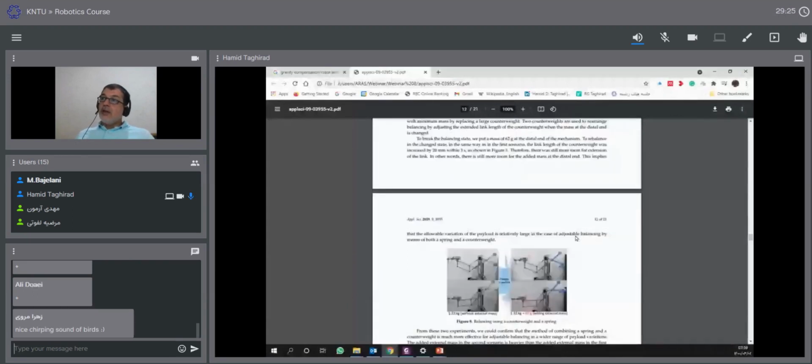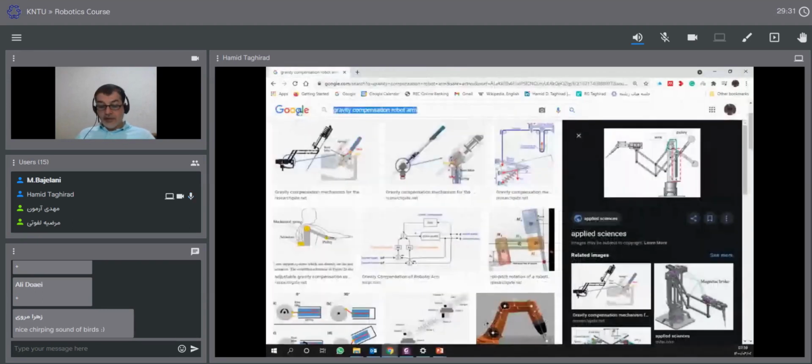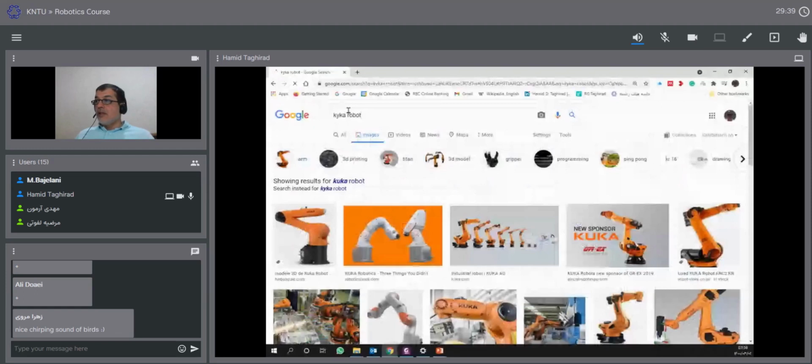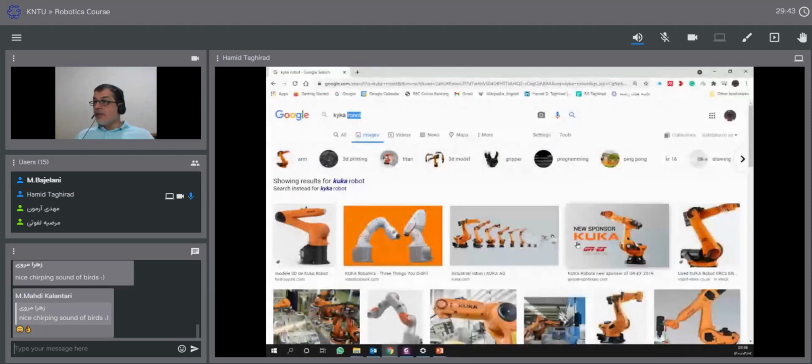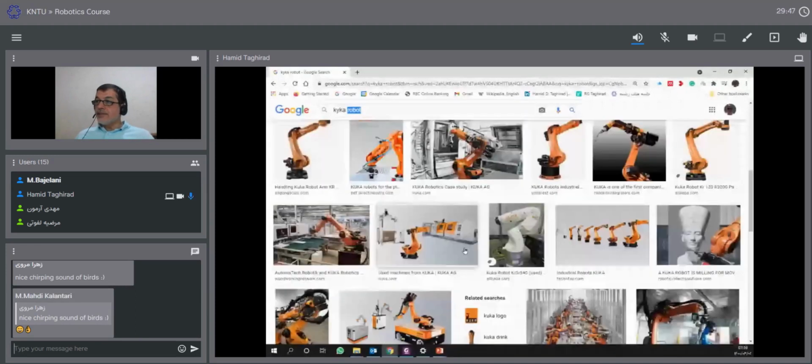But in our main robot and in many other robots, let's also consider, for example, an old version of the KUKA robot, let me show some pictures in here. You see here.